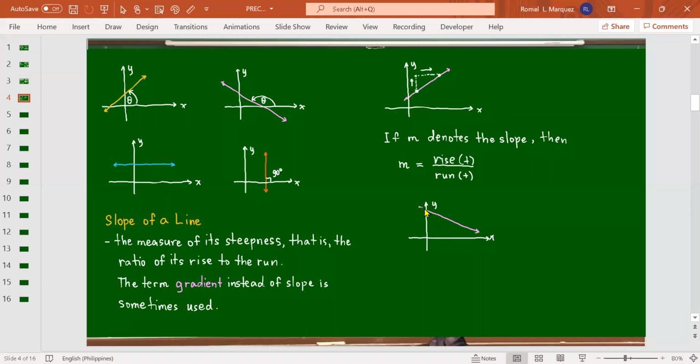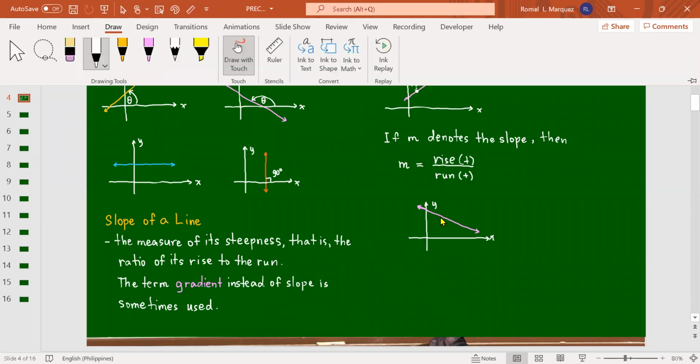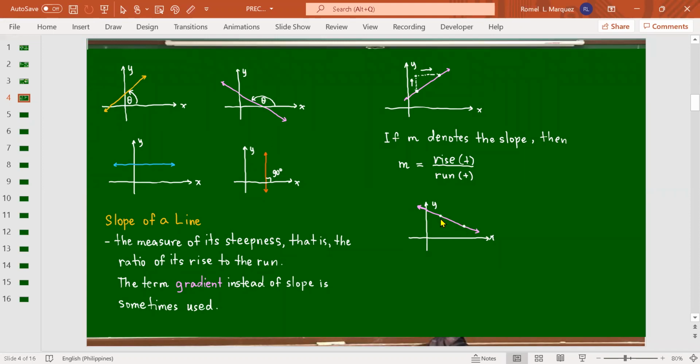Taking again 2 points, I can consider this as my rise, and this is my run. But this time, my rise is negative.